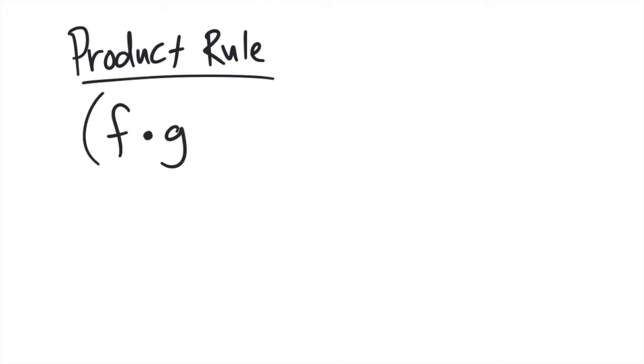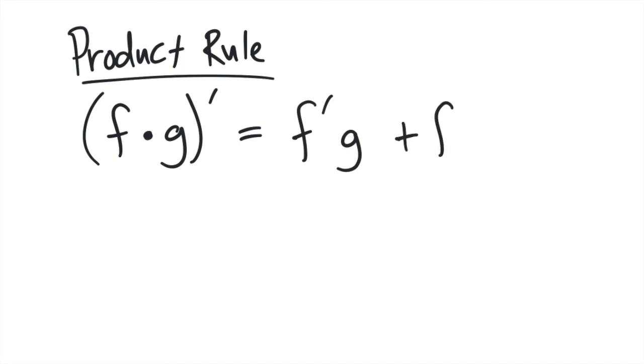So the product rule says that when you have a function f times g, and you take the derivative of the product, the way that you do that is that you take f prime times g plus f g prime.